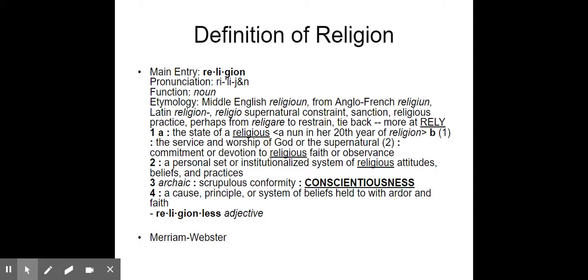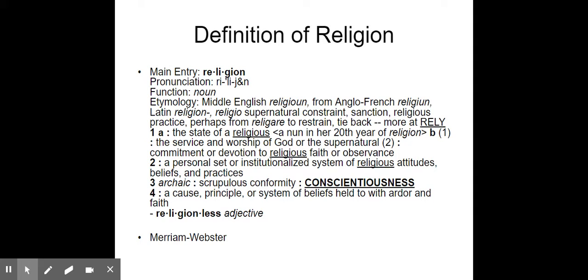Well, if we use the definition of a cause, principle, or system of beliefs that you hold to with ardor and faith, then yes, things like Buddhism and Confucianism would be considered religion. So that's why I want you to copy down that fourth definition there: a cause, principle, or system of belief held to with ardor, passion, and faith.